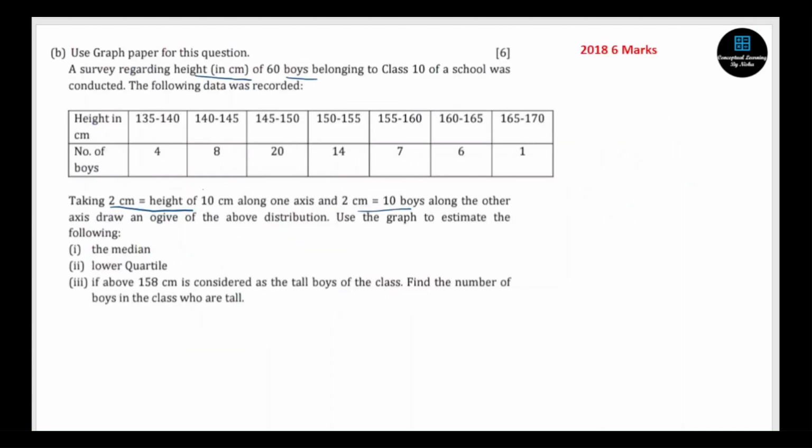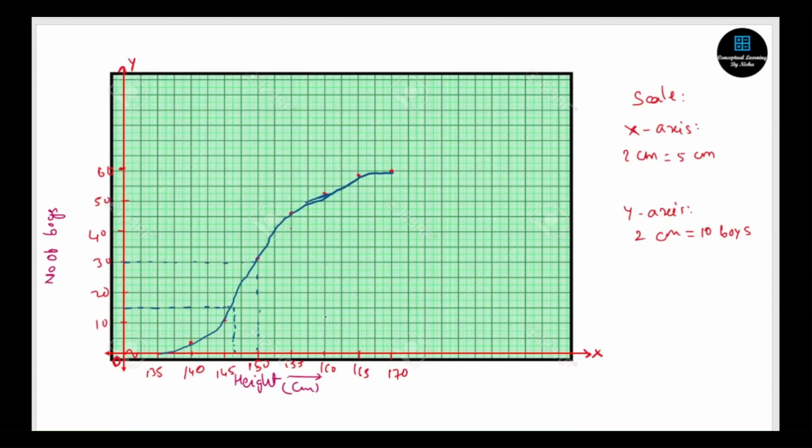Okay. And above 158 centimeter is considered as the tall boys of the class. Find the number of boys in the class who are tall. So 158 centimeter and above. 155 and 158 is somewhere here.